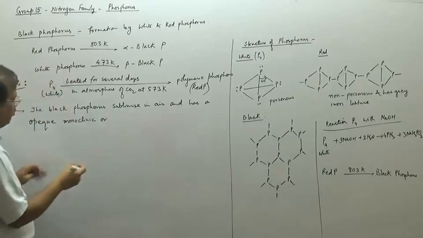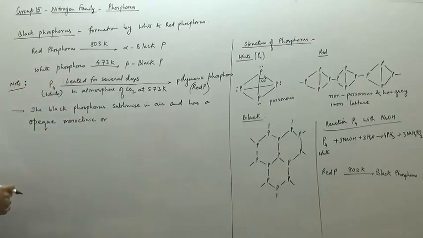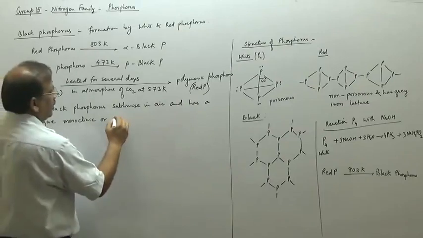We can write that it is a monoclinic structure, and sometimes it is a rhombohedral structure.